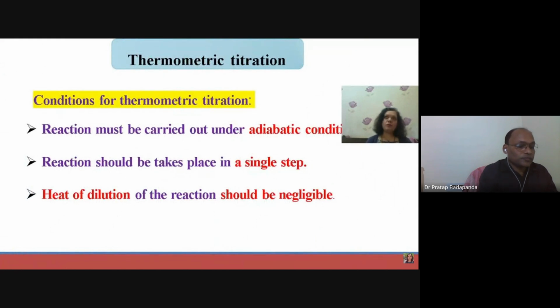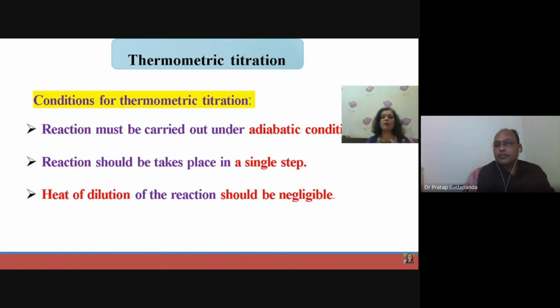Now, if I want to perform this particular thermometric titration, what basic conditions should I have? Like in volumetric titration, we follow some basic conditions: the reaction should not give any byproduct, it should be stable, it should give the same product as per the balanced equation, and the reaction should be fast.